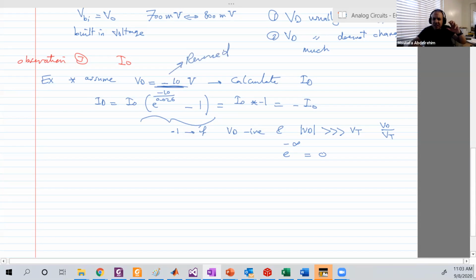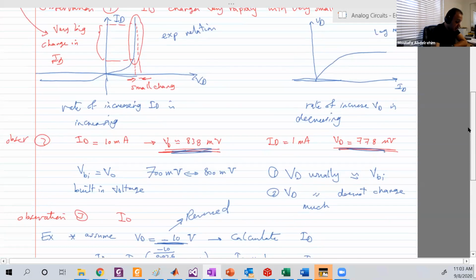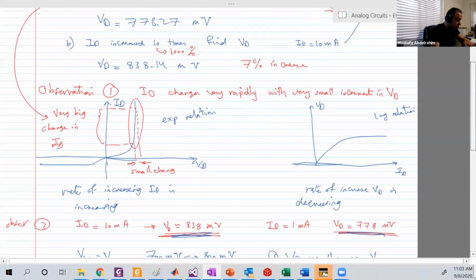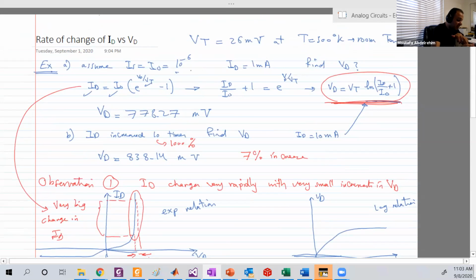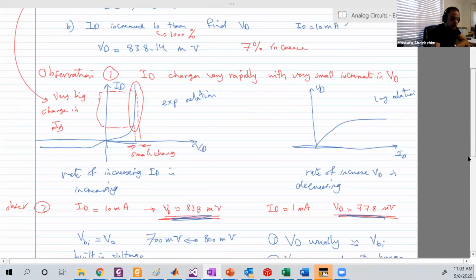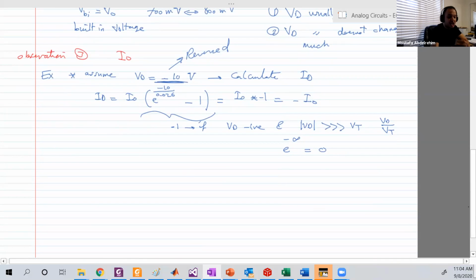You remember I said that when it's reversed, the current is 0 or almost 0? Yes, it's almost 0. We said that it's equal to minus I naught, but I naught is usually very, very small. Like, for example, the first example here, it was 10 to the power minus 6.